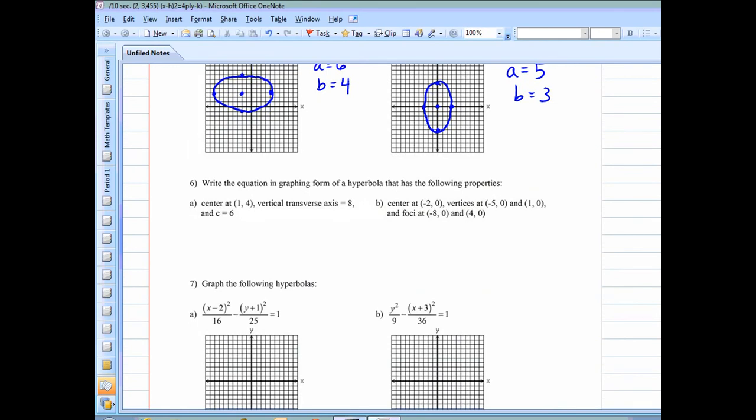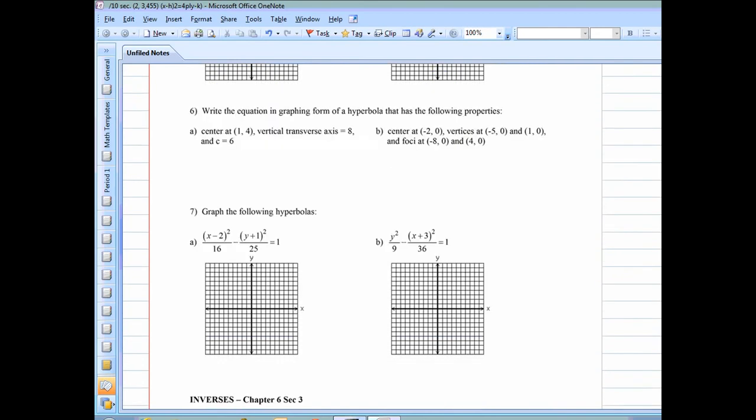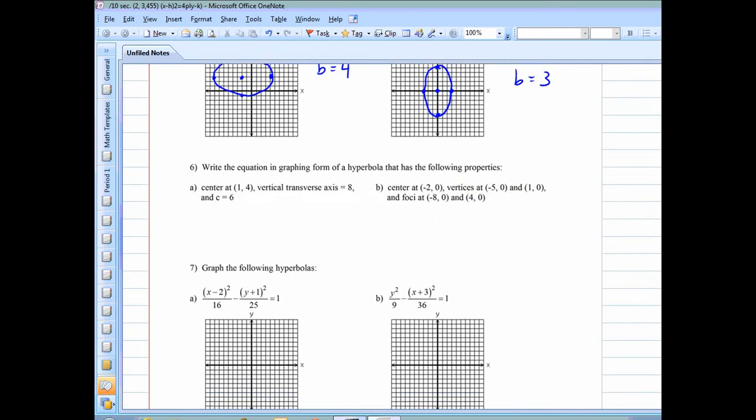The hyperbola. Okay, the hyperbola, we have to look specifically at the types of hyperbola that we know for horizontal and vertical. So I'll just make this as a note over here. So horizontal hyperbola is when we have the x minus h squared, y minus k squared.